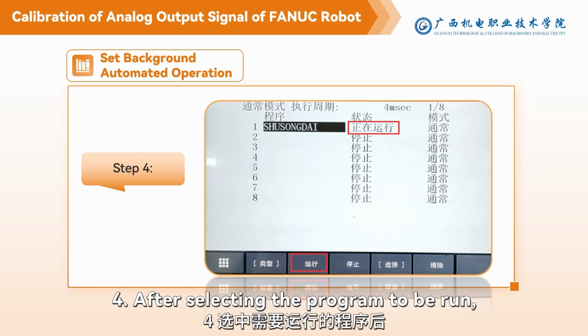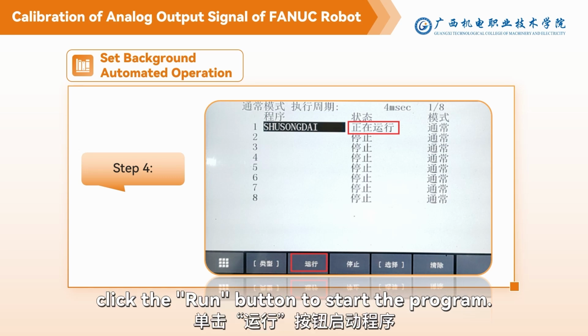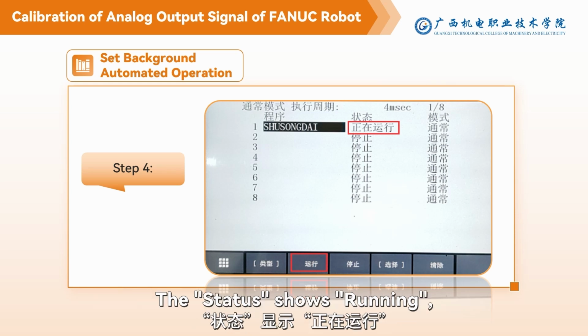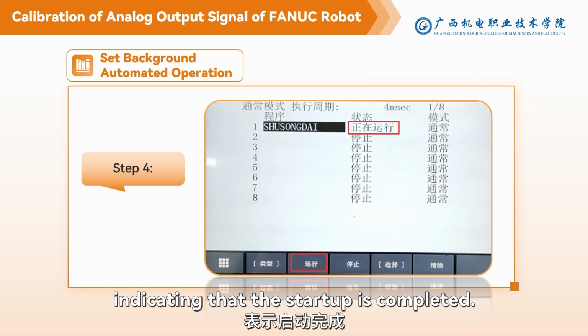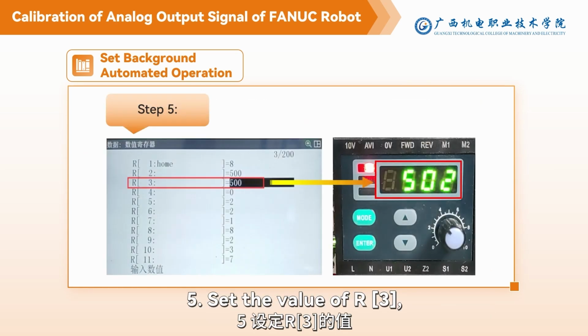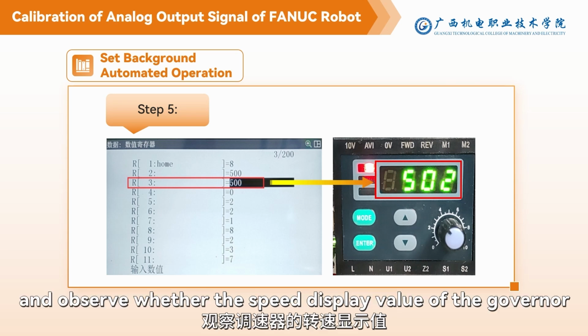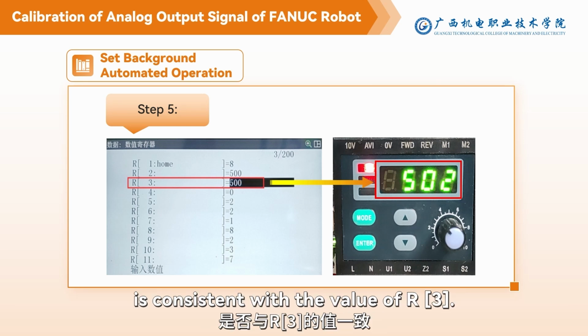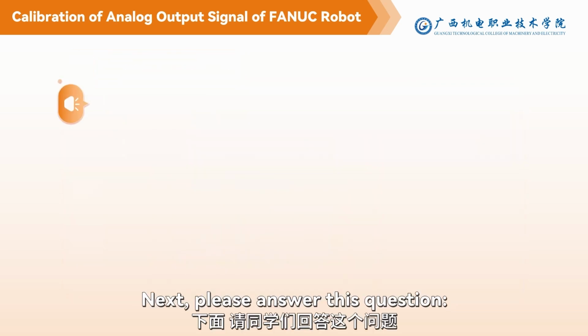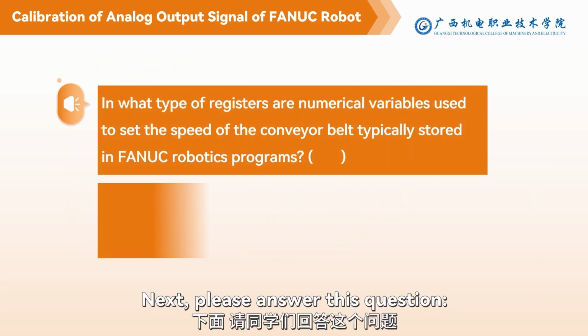After selecting the program to be run, click the Run button to start the program. The status shows running, indicating that the startup is completed. 5. Set the value of R3 and observe whether the speed displayed value of the governor is consistent with the value of R3. Next, please answer this question.